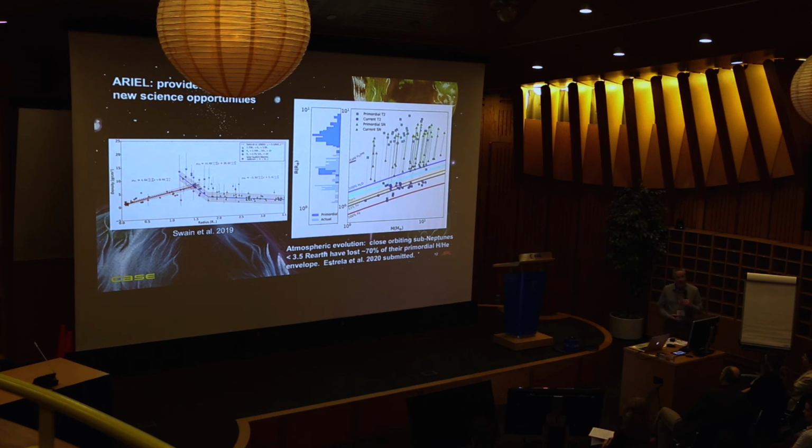So we look at a small planet, it may have a low mean molecular weight atmosphere, it may be hydrogen dominated, and yet it has undergone significant evolution. And Ariel is going to give us a way to probe these atmospheres and look at the details of that, which is completely transformative, and goes far beyond what we can do in this sort of bulk composition type of analysis that we're limited to today.